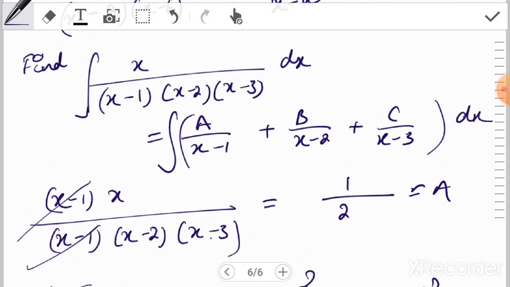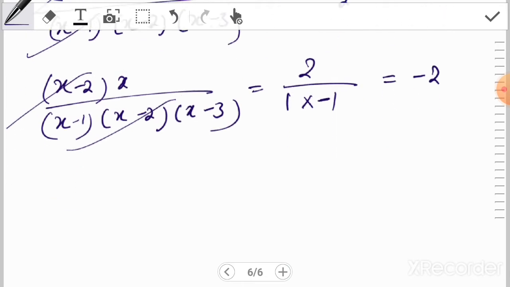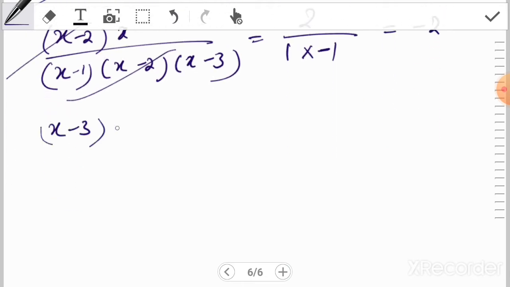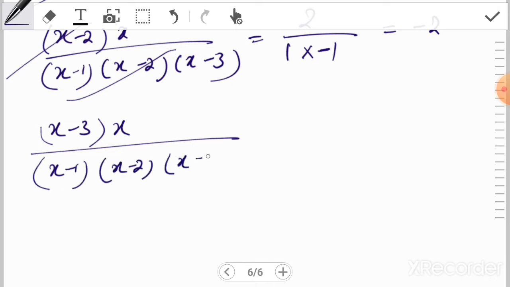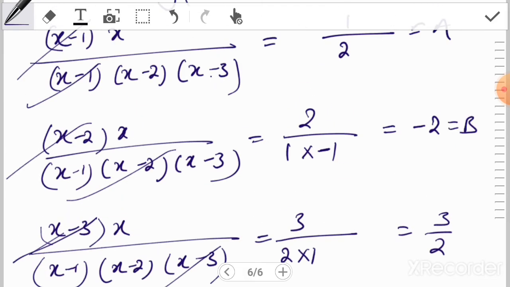Similarly, to find C, let us multiply this by (x minus 3) and then put x equal to 3. So 3 by 2 into 1, which is 3 by 2. So this is B and this is C, right?